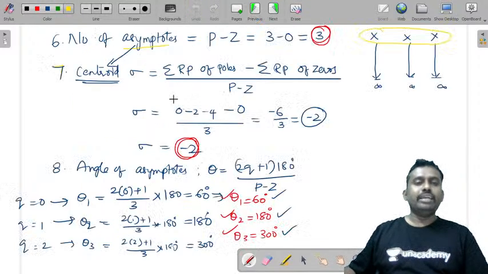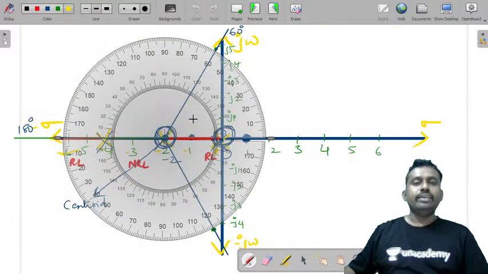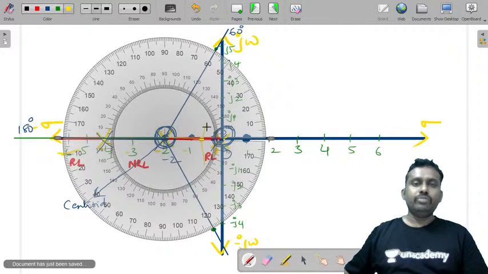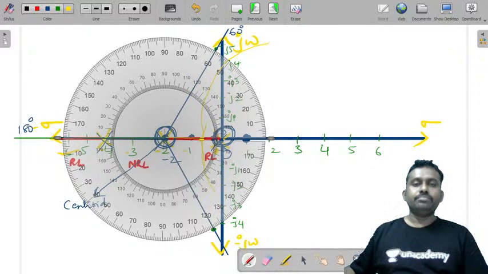So the breakaway point is negative 0.8. At this point, the graph will break and it will move along this line.